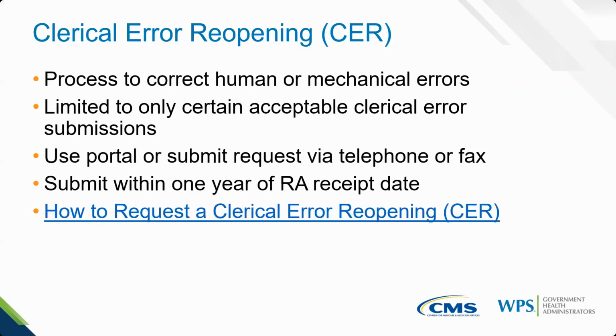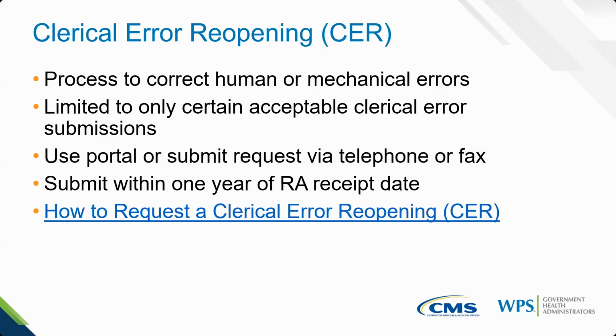Clerical errors or minor errors are limited to errors in form and content. And omissions do not include failure to bill for certain items or services, but examples of acceptable clerical error submissions are a mathematical or computational mistake. Maybe a code was transposed, either a procedure code or a diagnosis code.